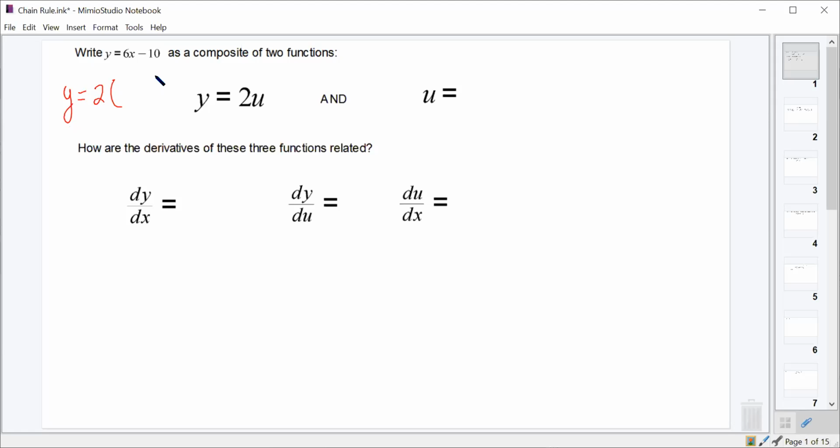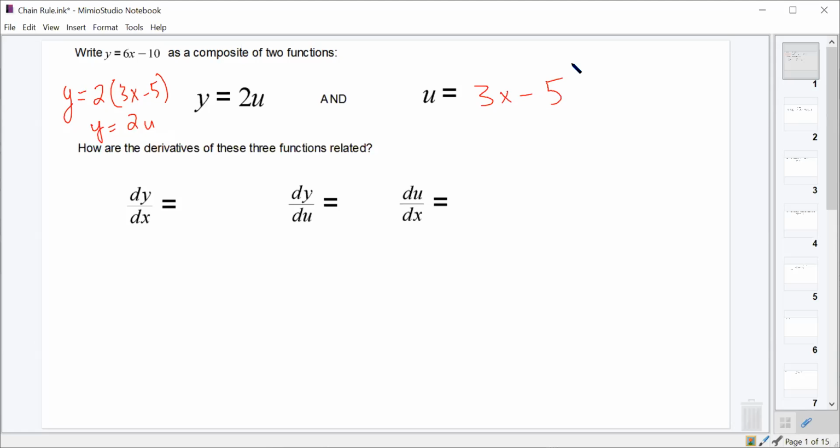So I want it to be 2 times something. I want it to be 2u, right? What needs to go in here? This is u right here. What would u be? 3x minus 5, right? If you distribute that out, you get the 6x minus 10.